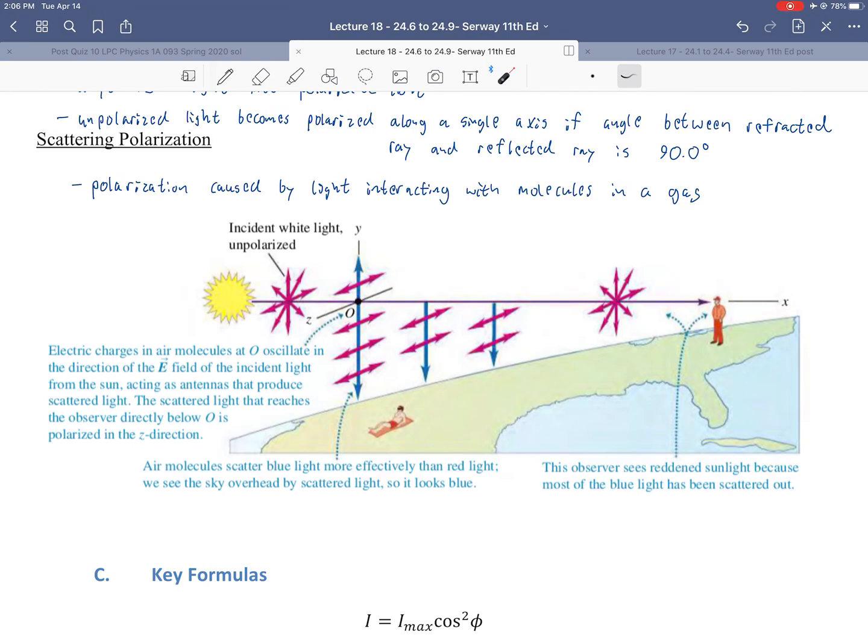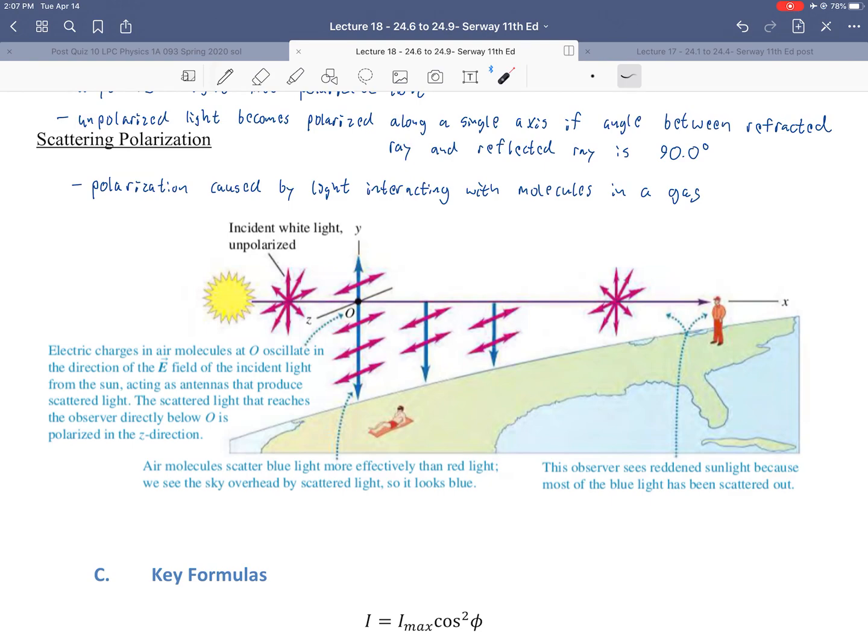So what's going on then? Well, someone underneath, laying down, is going to look up and see the sky is blue. Why? Well, right here. The electric charges in the air molecules oscillate in the direction of the electric field of the incident light from the sun, acting as antennas that produce scattered light. The scattered light then reaches the observer directly below and is polarized in the z direction.